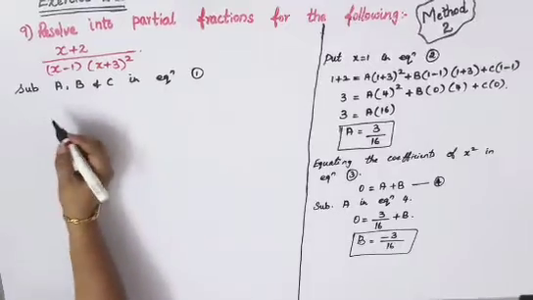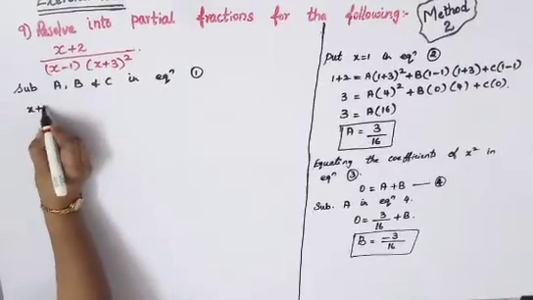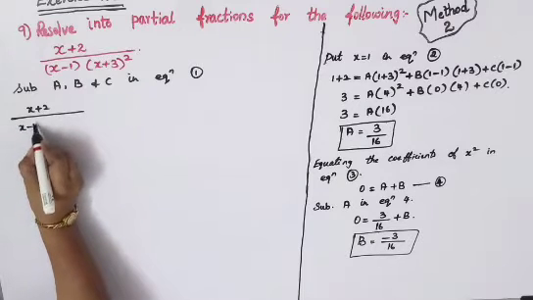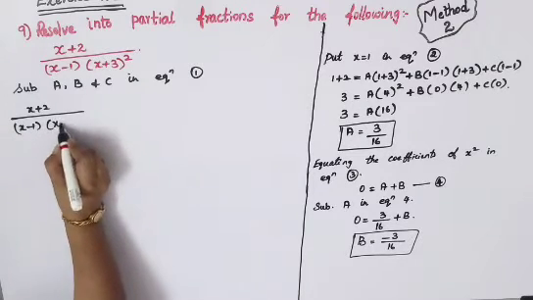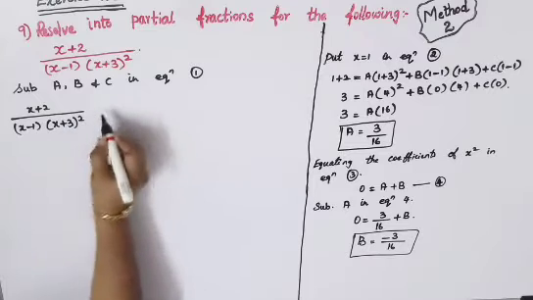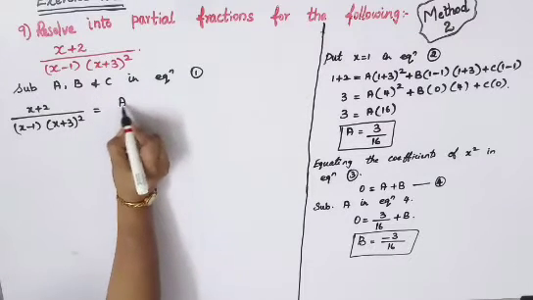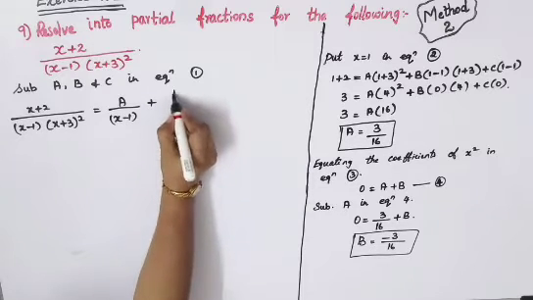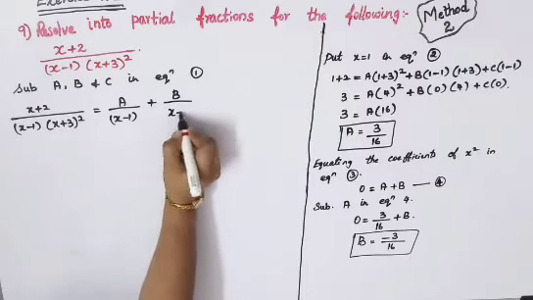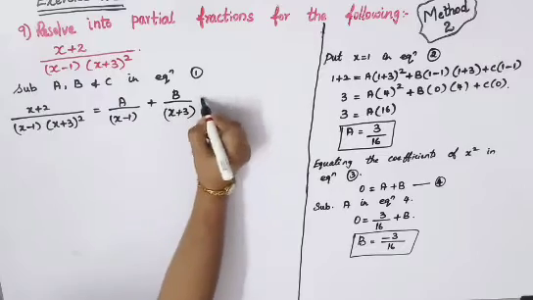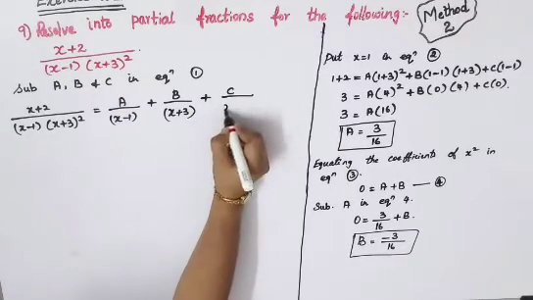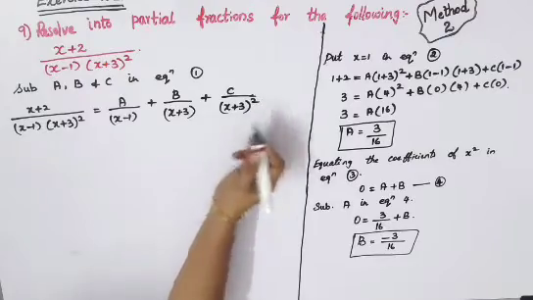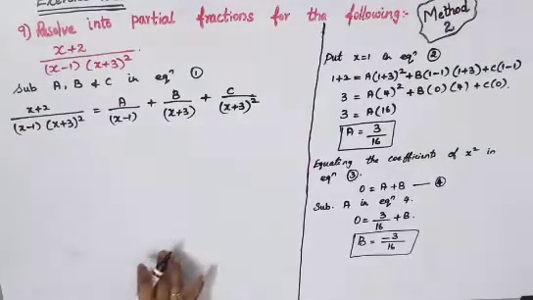So just write the equation as it is. x plus 2 divided by x minus 1 into x plus 3 the whole square is equal to a divided by x minus 1 plus b divided by x plus 3 plus c divided by x plus 3 the whole square. So whatever values we have got for a, b and c, you will have to substitute it here.